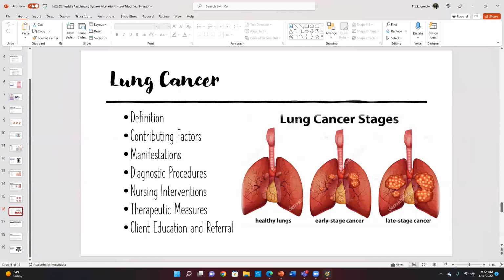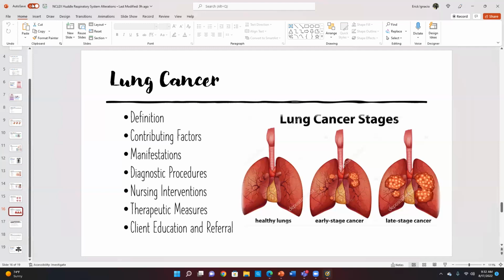The patient may also have a pneumonectomy, lobectomy, or wedge resection, where they're actually removing one of the lungs, a lobe of the lung, or just a section of the lung. And yes, we can live with one lung. And remember that the right lung has 3 lobes and the left lung has 2 lobes.